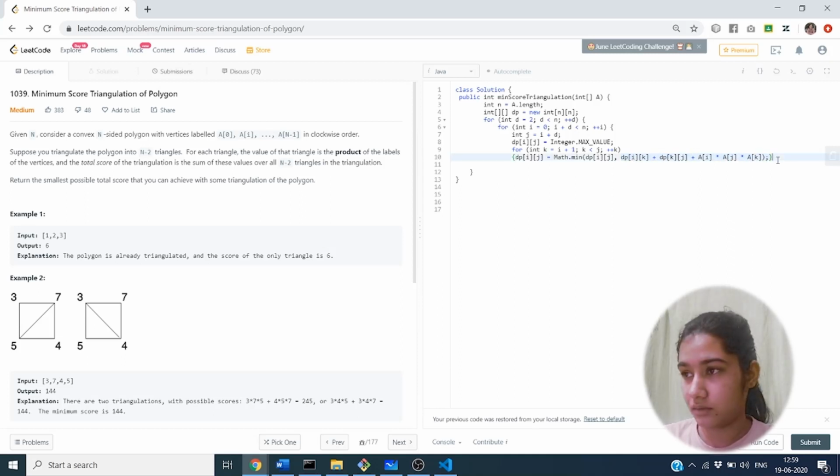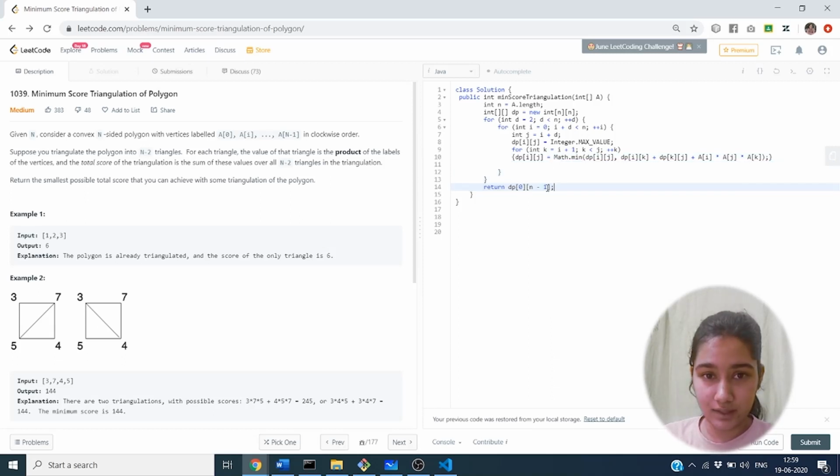And then at last we are going to return the value at index i equal to 0 and j equal to n minus 1.